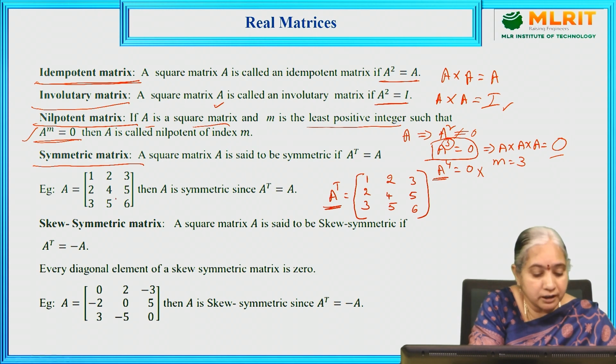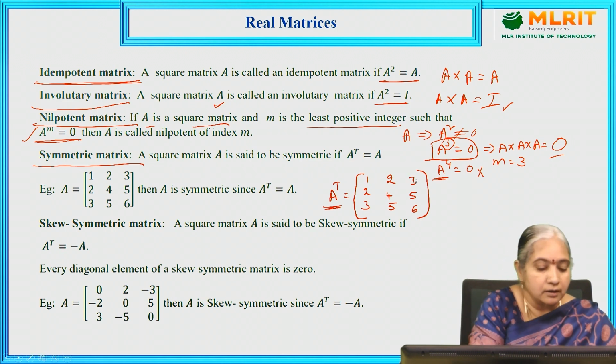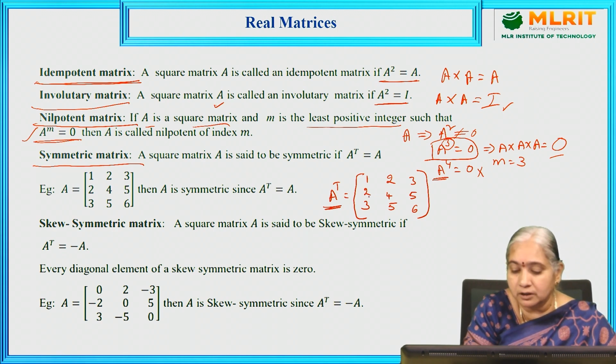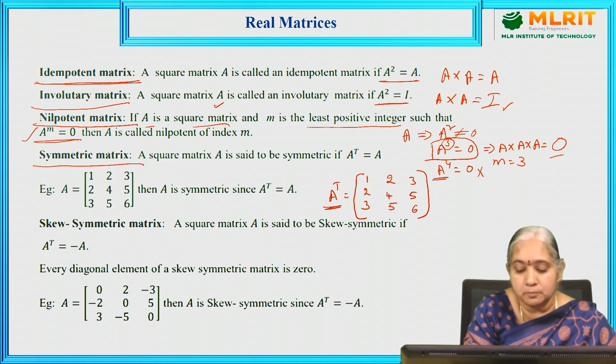Now observe these two matrices. A equal to 1, 2, 3 in the first row. In A transpose also the first row elements are 1, 2, 3. Second row 2, 4, 5. In A transpose also the second row has the same elements 2, 4, 5. The third row 3, 5, 6. In A transpose also the third row elements are 3, 5, 6.